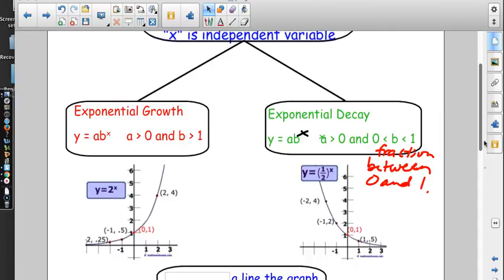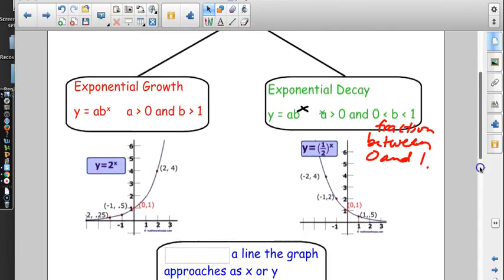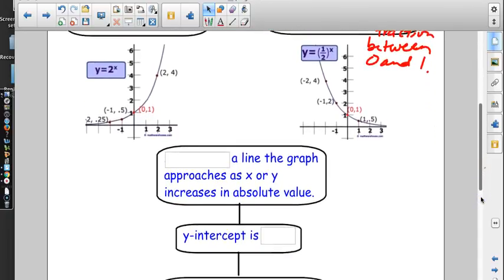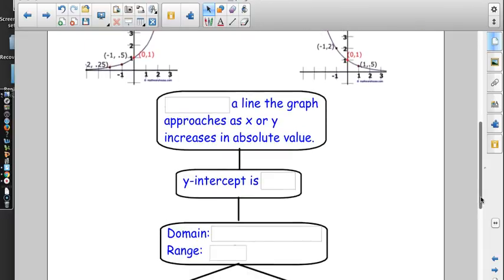Our parent function, when we talk about decay, if you ask anybody what's one fraction you wouldn't mind working with, most people will say 1/2. It's just like dividing by 2. So that's our parent function for decay. Now, we are going to talk about those asymptotes.